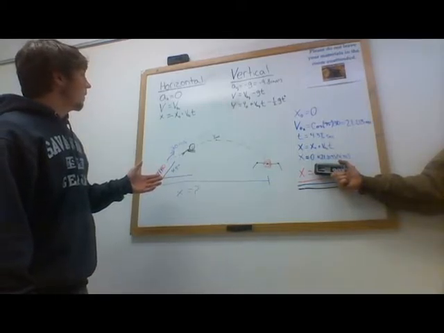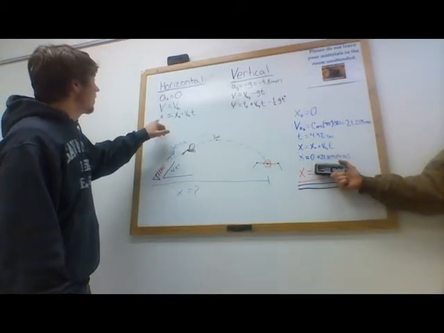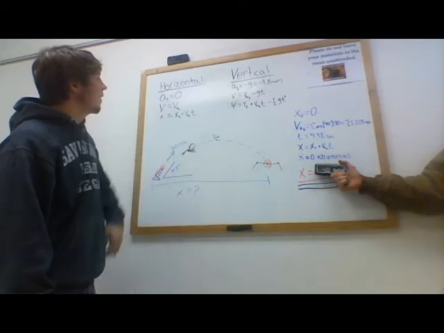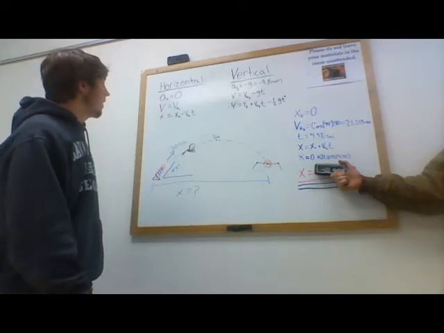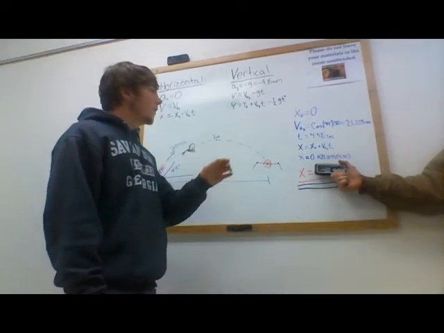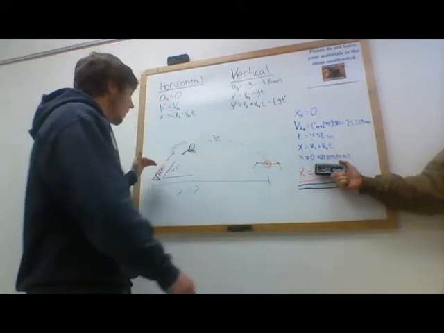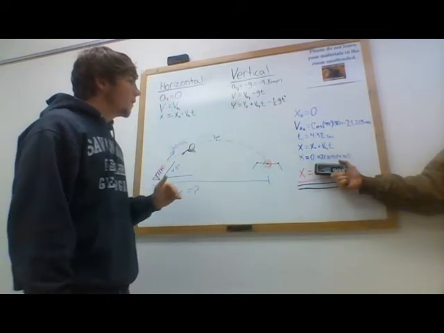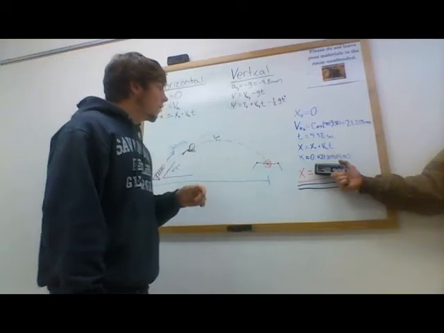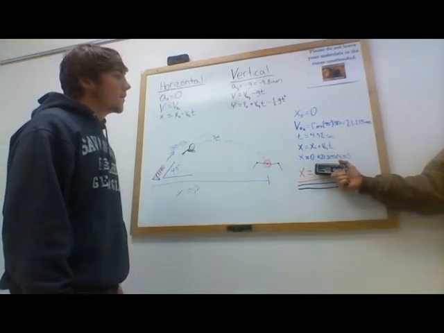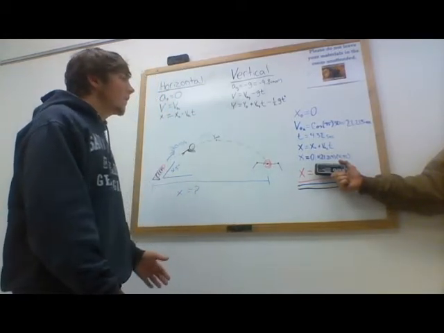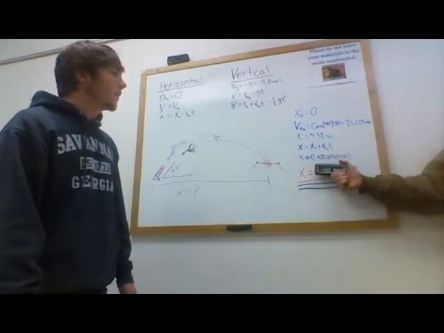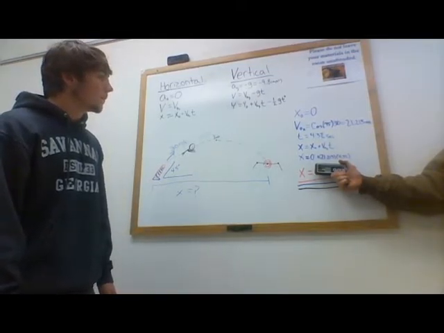Basically, we can use this equation, which is x equals x naught plus v naught x times t. And we know that x naught equals 0 because he's starting at a height of 0. We know that v naught x is cosine 45 times 30, which equals 21.213 meters per second.